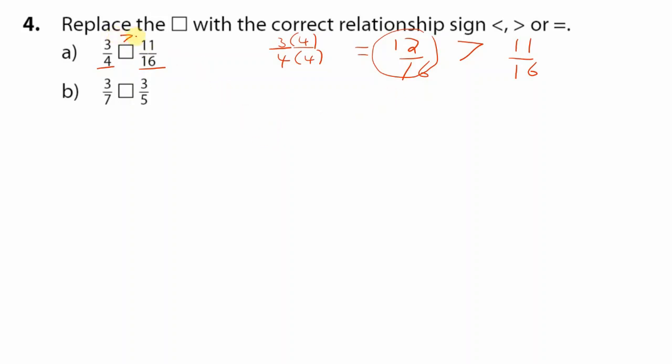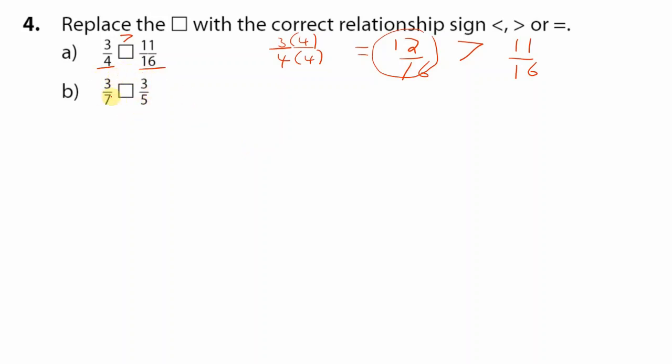You know, the bigger than sign, the open mouth points to the bigger side. The small angle points to the smaller side.